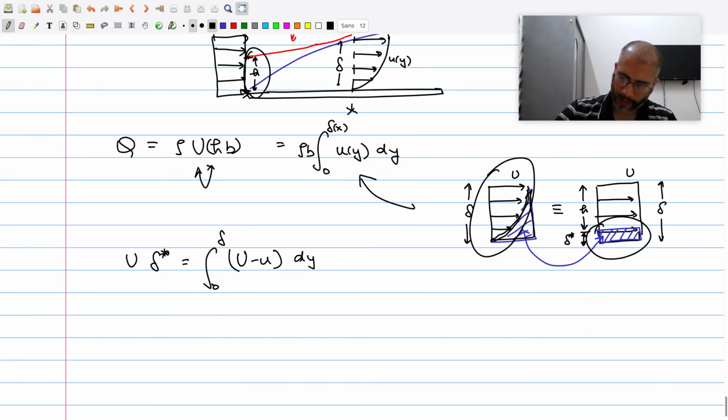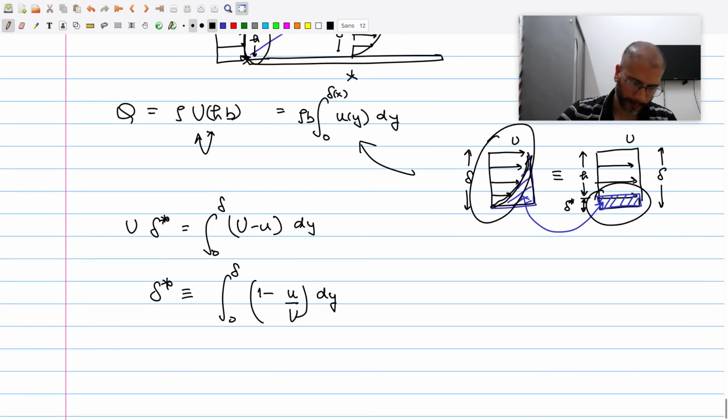Right. So this gives us a definition of delta star, and this delta star is called displacement thickness. So we will be using this term delta star in the expressions that we will be developing later. So it's worth defining this displacement thickness.